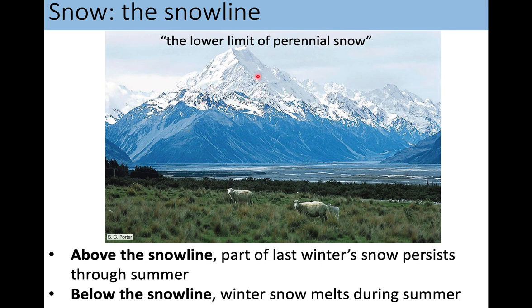Above the snow line, we say that last year's snow is going to persist through the summer. So above means it's cold enough that that snow is not going to melt. Below the snow line, the winter snow is going to melt. So everything below the snow line is going to melt come summertime.